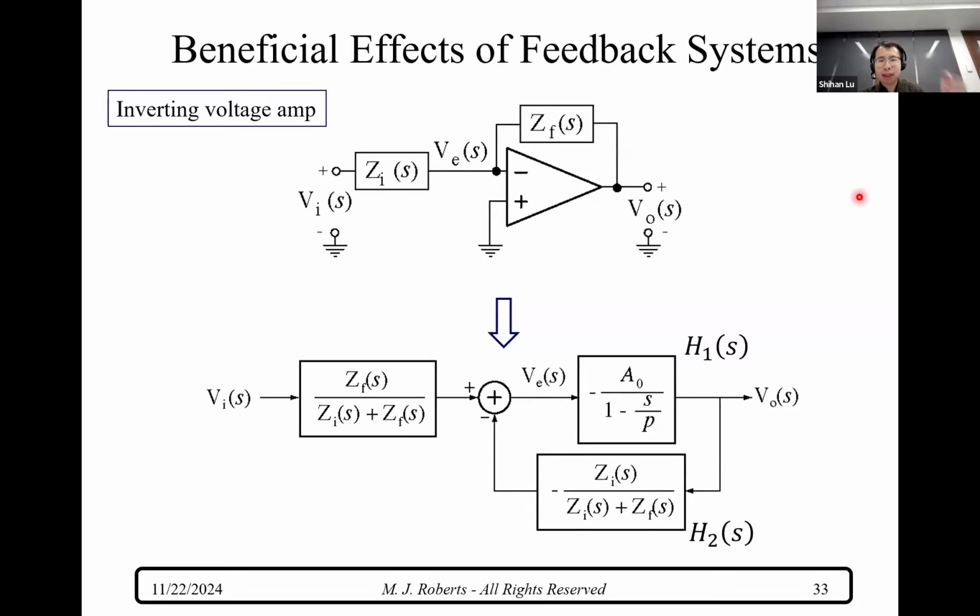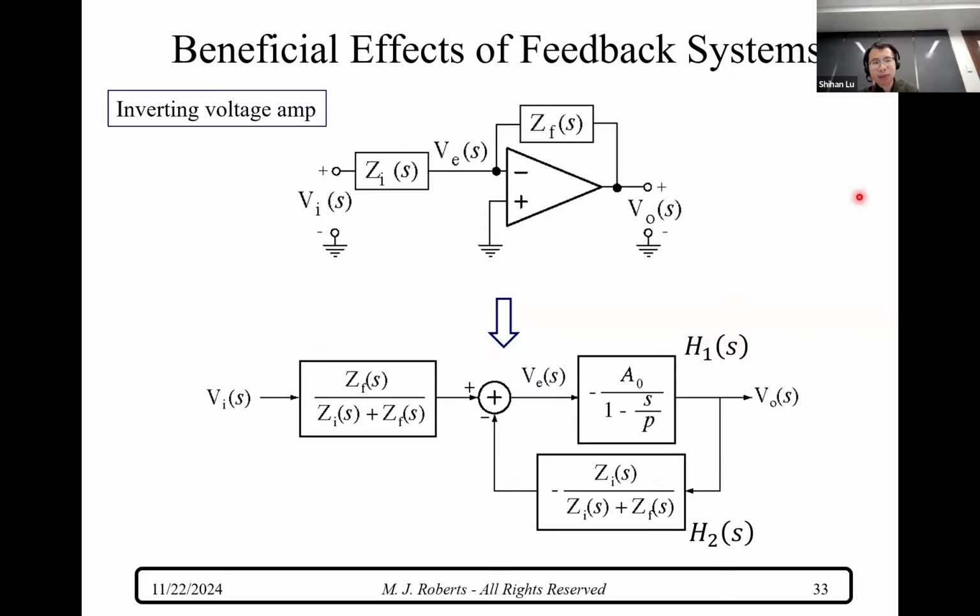And again, here is how you describe an inverting voltage amp. The details of converting from the real inverting voltage amp architecture to the corresponding block diagram is usually not required in the scope of this class.